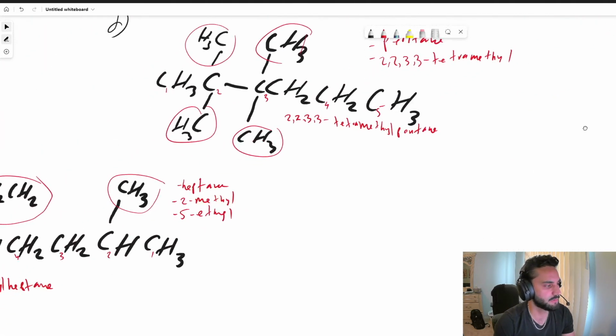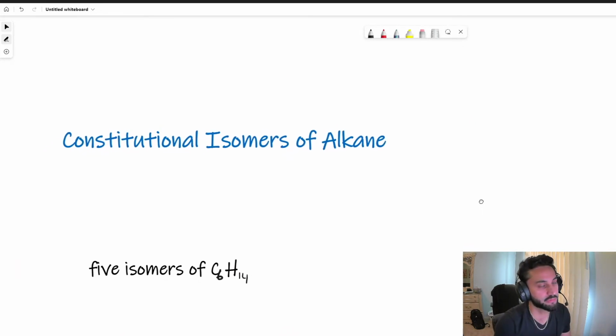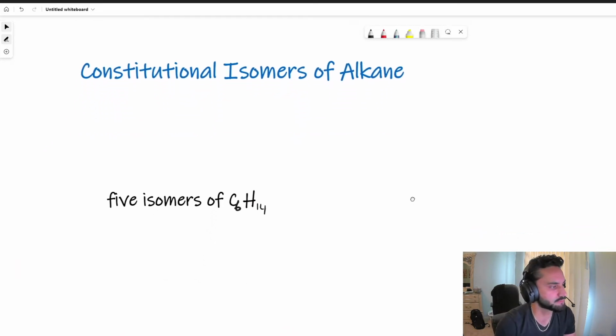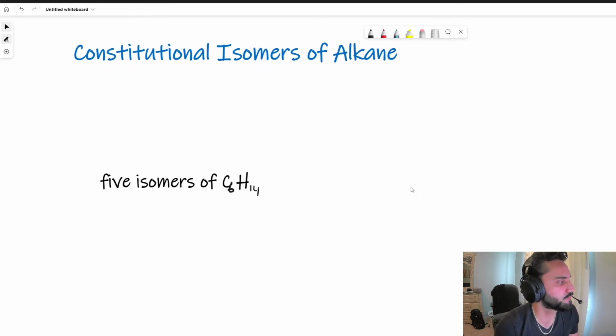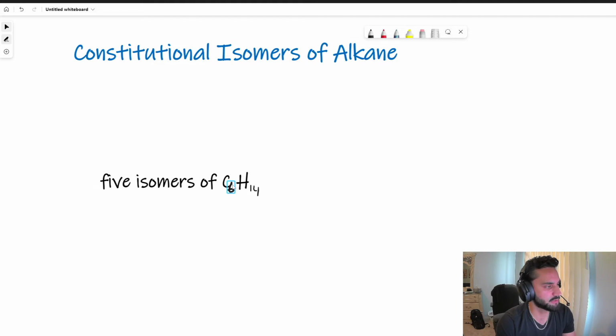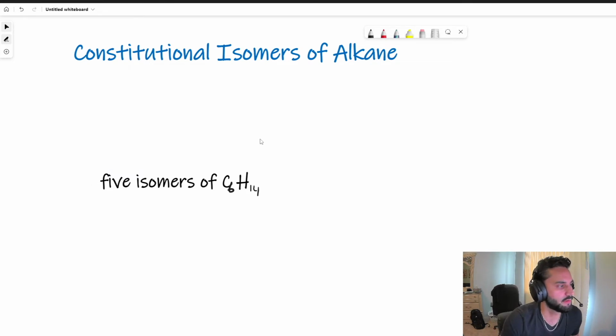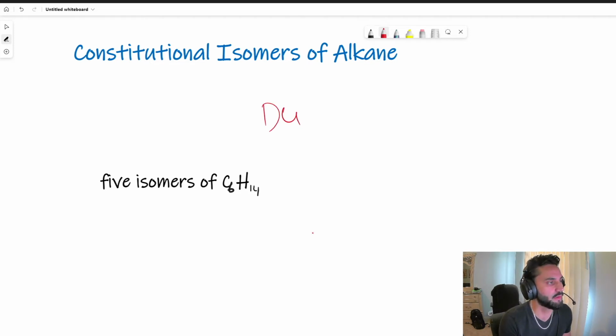Now let's move on to actually doing one problem relating to constitutional isomers of alkanes. If you're given something like, find a certain number of isomers of this compound that has, for example, 6 carbons and 14 hydrogens, usually in organic chemistry you would want to find the degree of unsaturation, DU.